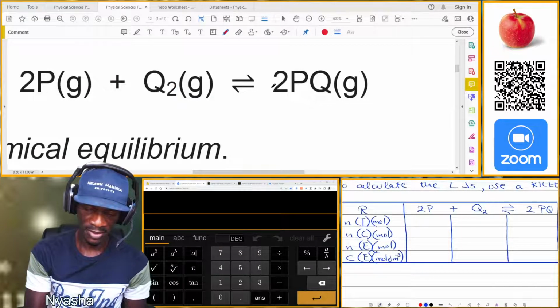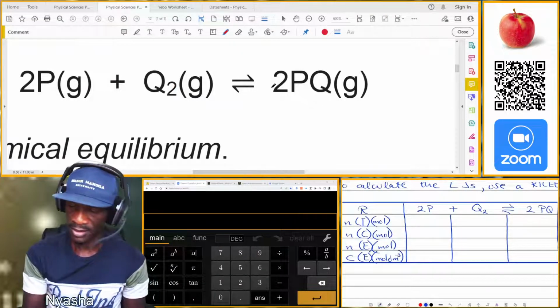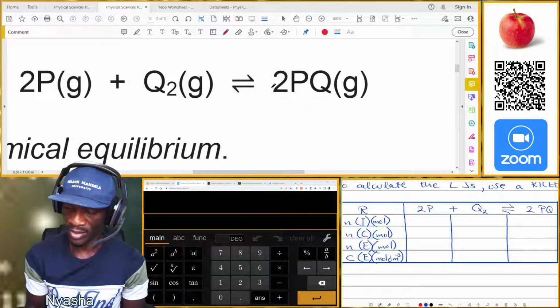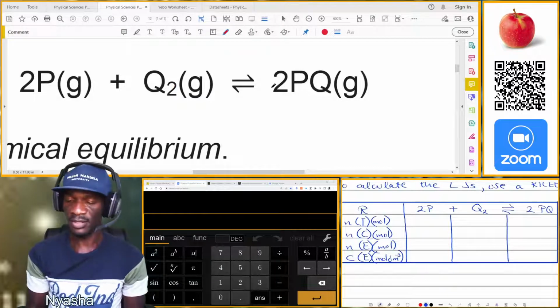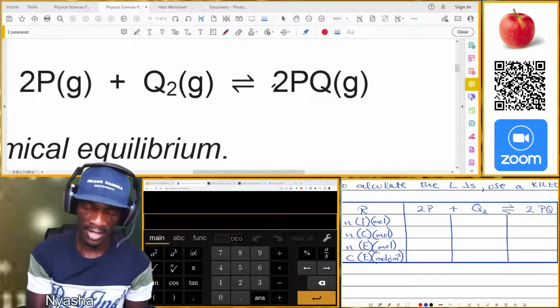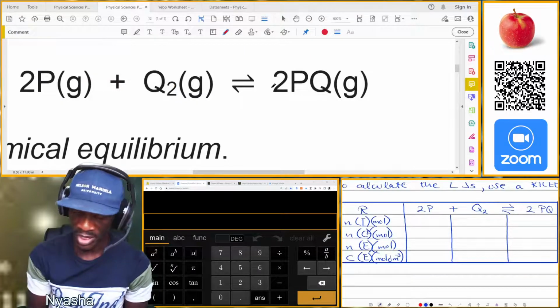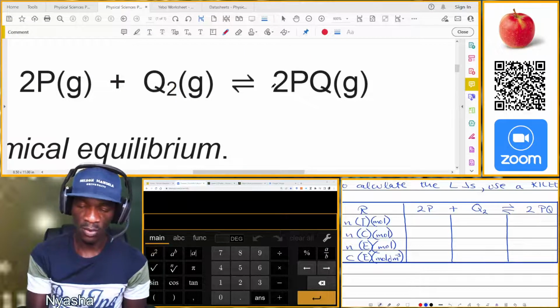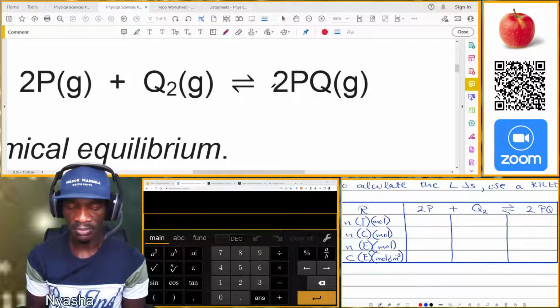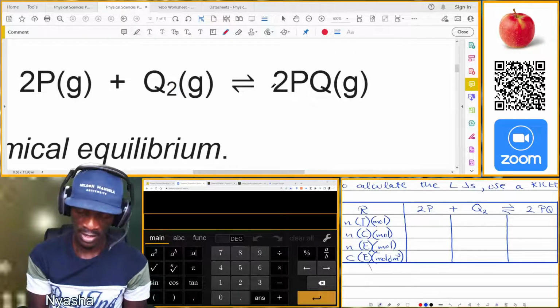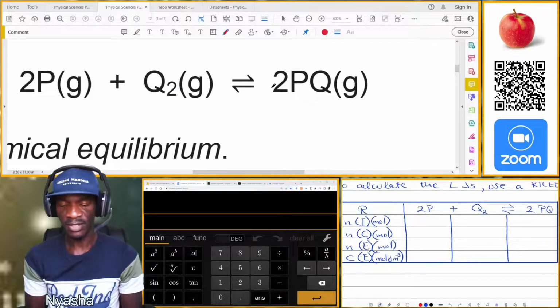Let's also maybe try to neaten this side. And maybe this side. Okay. So that's our rice table, and we can now put in our initial quantities in mole, our change in the quantities in mole, our equilibrium number of moles, and then the concentration in moles.